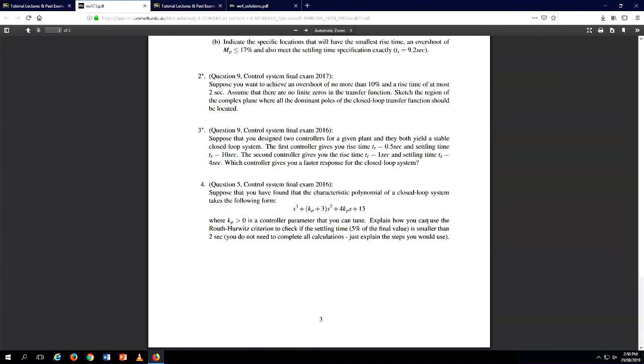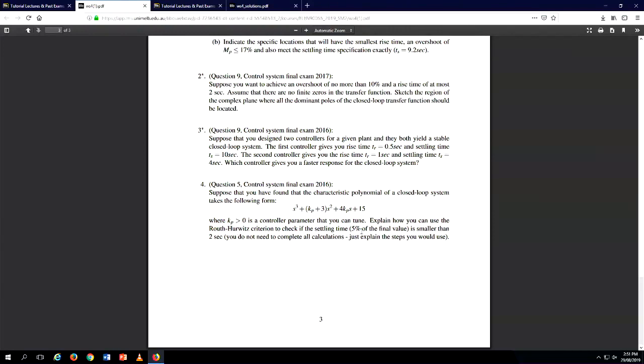I actually showed you this in lectures. I explained this in lectures. This is a couple of slides in the lectures, when I talked about Routh-Hurwitz criterion. So the first step would be, obviously, we want to see what's the region in the complex plane where the poles should be, right?